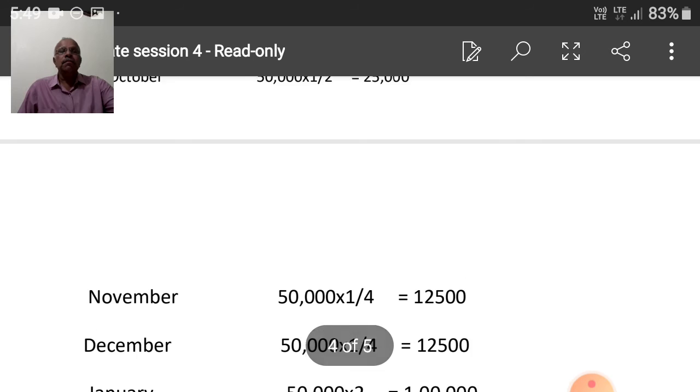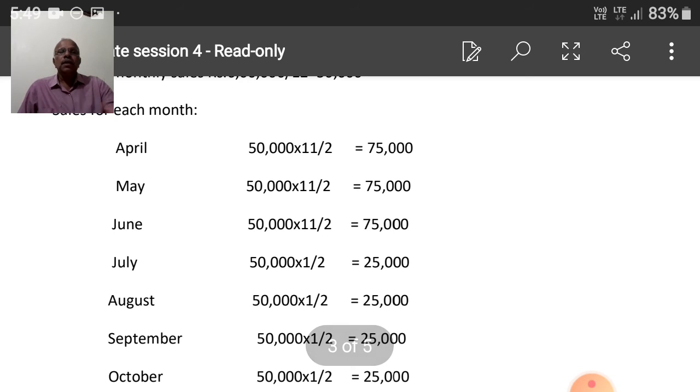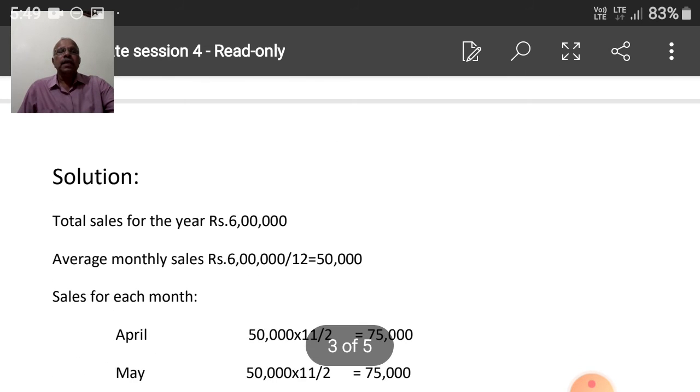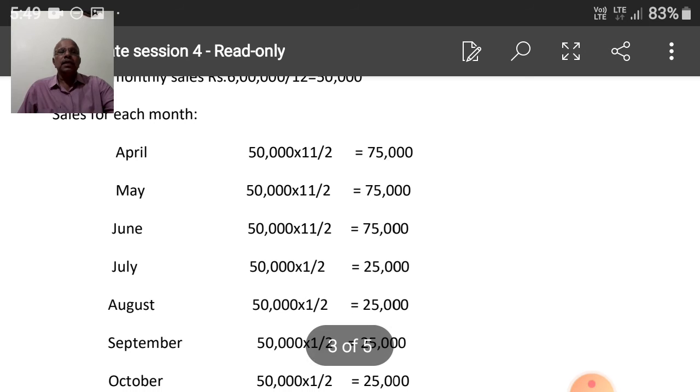In this problem, there is a small printing mistake. April and May are 1.5 times, but for June the problem mentions 1.5, when it should be half of the average sales.